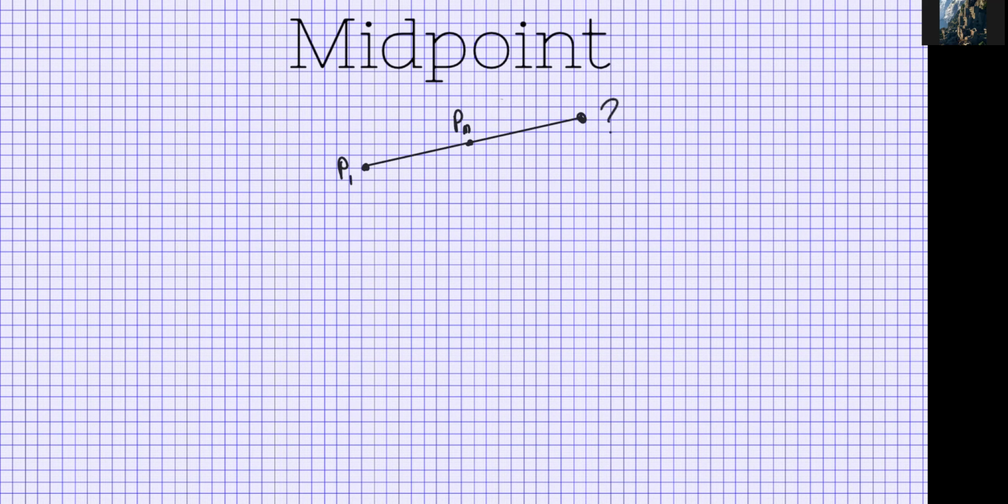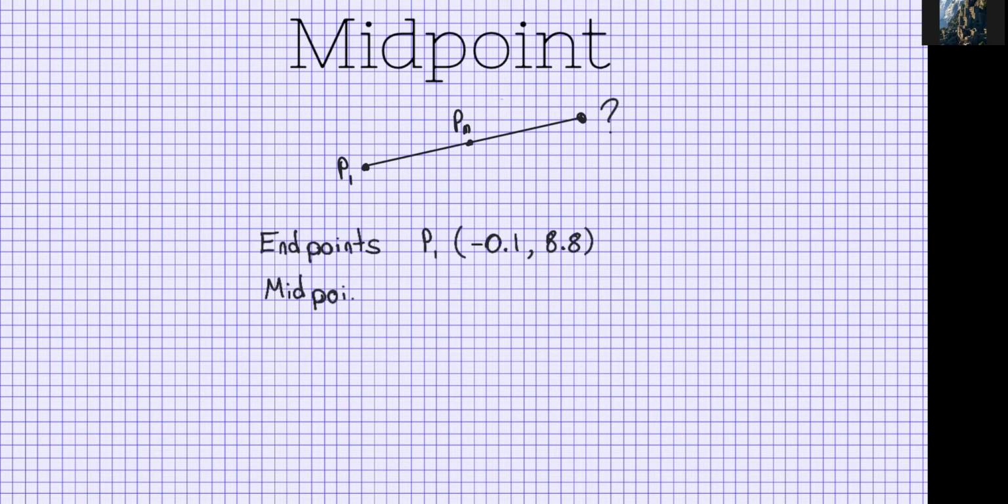So let's set up an example and let's begin with one of the endpoints, which for practical purposes, we will call point 1. And they tell you that the endpoint is found at negative 0.1, comma 8.8. And then they give you the midpoint.